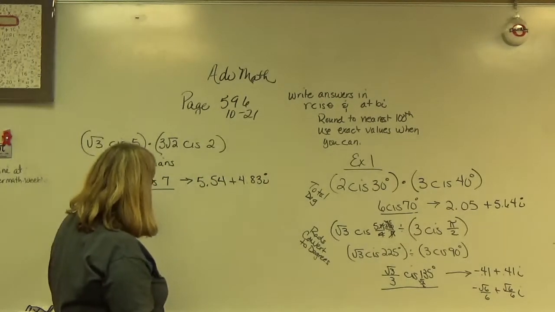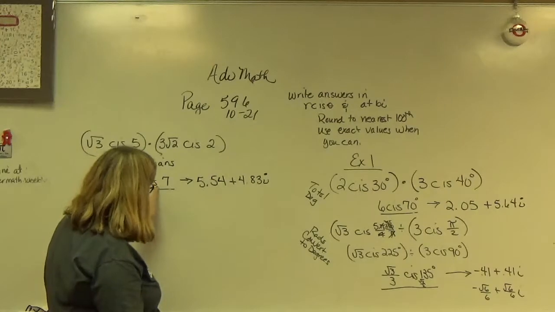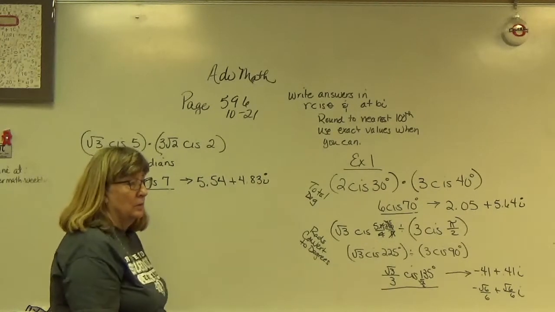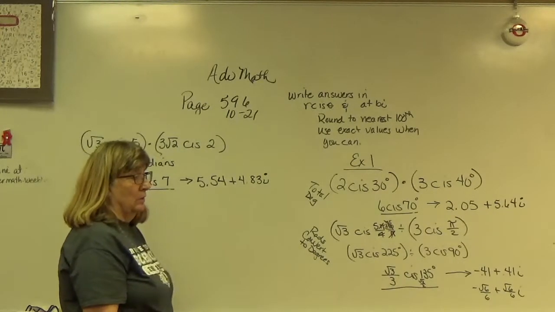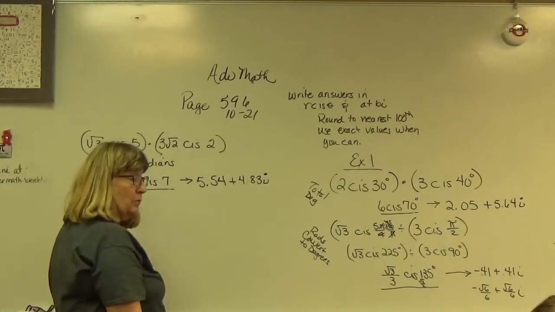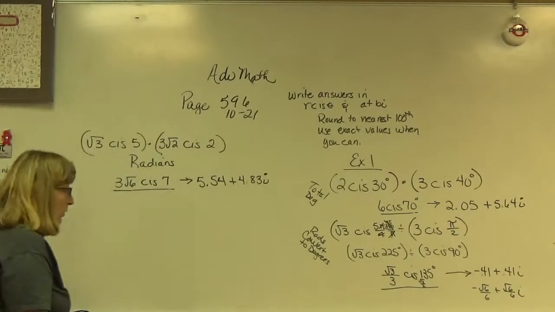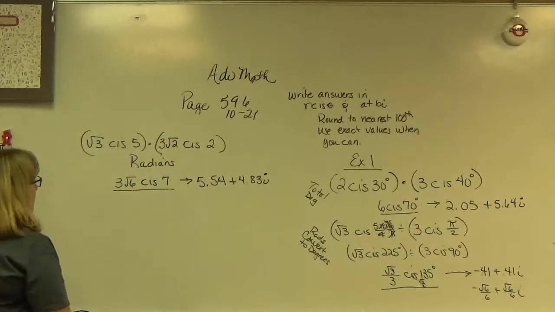This is 3 square roots of 6 times cosine of 7. The second one is 3 square roots of 6 times the sine of 7. Oh, we agree? Okay, let's do another one.